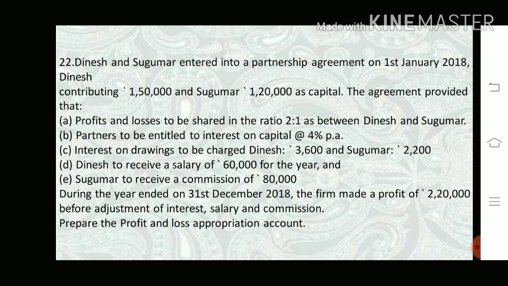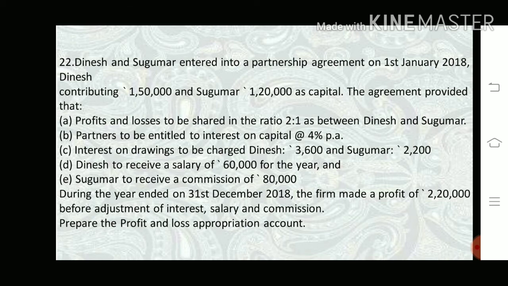Only one account is prepared in this question, profit and loss appropriation account only. First write the format. So just recall the format once again. Credit side by profit and loss account. So it is considered to be the net profit value, to interest on drawing account.